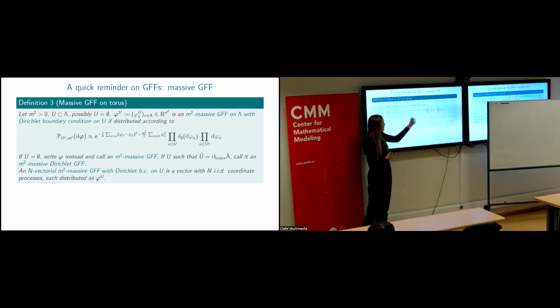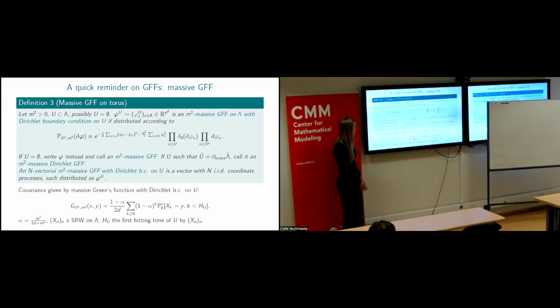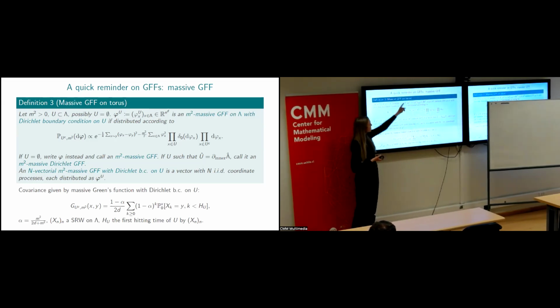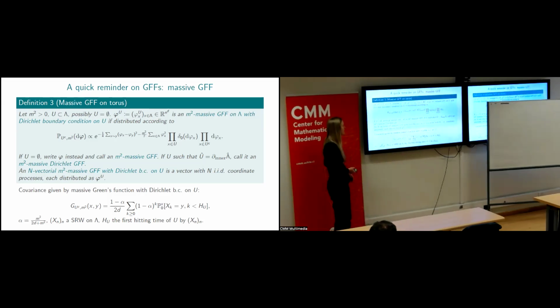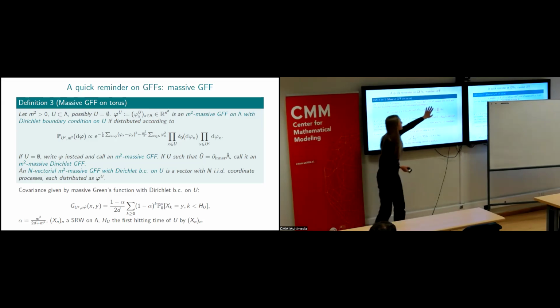If one opens up the bracket, we will see that the covariance is the inverse of this, at least if U is empty. Here I give the general definition where we assume it has zero values on some set, but let's just ignore this part.